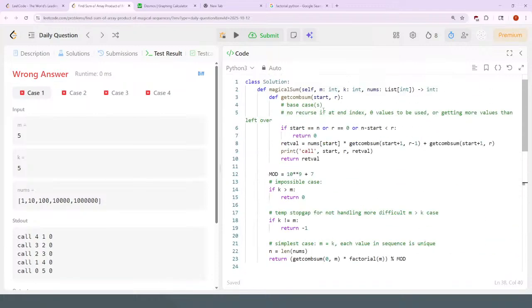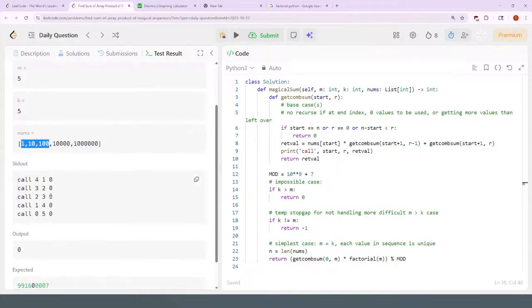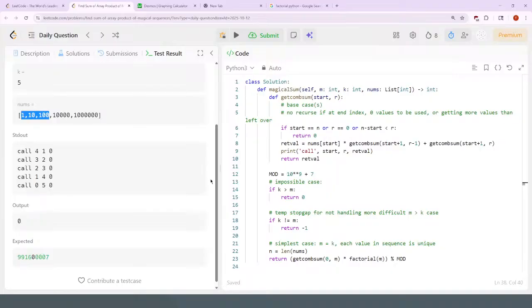Okay, so if this array was just something like, this array was length 3, then I'm choosing 3. Start still 0, choosing 3.